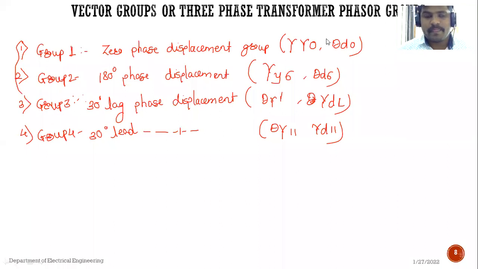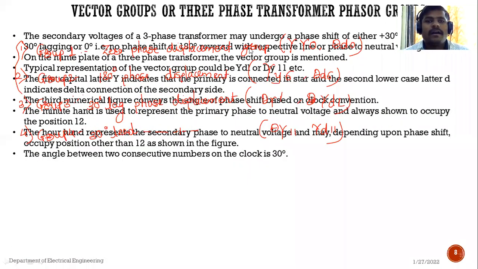See, the secondary winding of the transformer may be connected with a phase shift, either a 30-degree lagging phase shift, a 30-degree leading phase shift, a 0-degree phase displacement, or a 180-degree phase displacement.